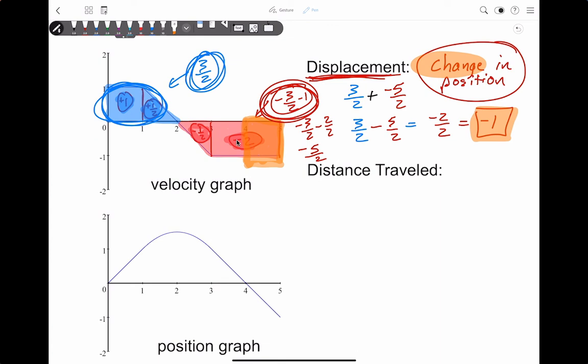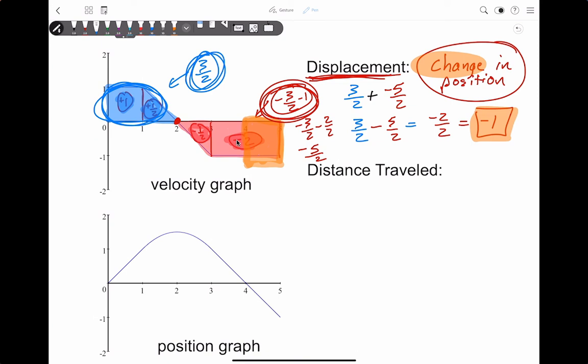Okay. And then the total distance, and again, we're looking at all the zeros of the function and kind of separating them all out. This first 3/2 remains a positive, and this -5/2 becomes a +5/2, because we're interpreting everything as positive with total distance traveled.